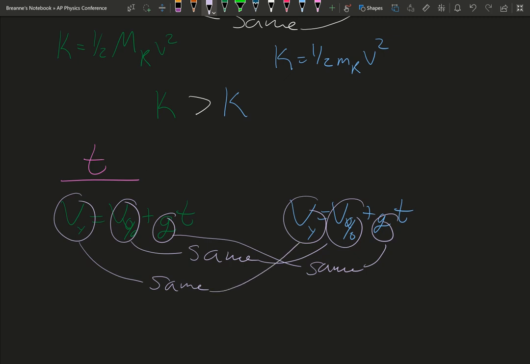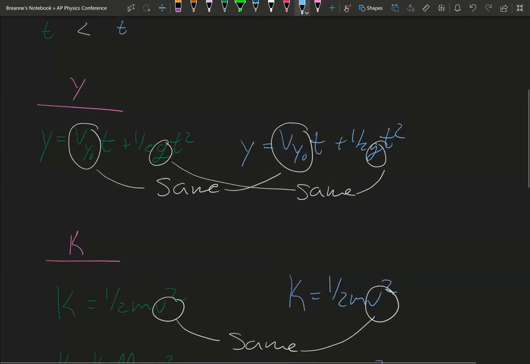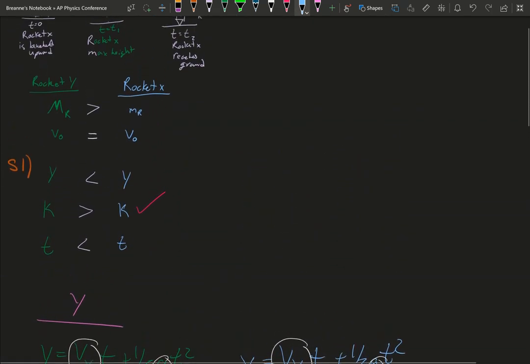So if your final velocity is the same, your initial velocity is the same, your acceleration due to gravity is the same, guess what that means for your time? Your time has to be the same also. So time on rocket Y has to equal the time on rocket X. They said that time would be shorter, so that was wrong.